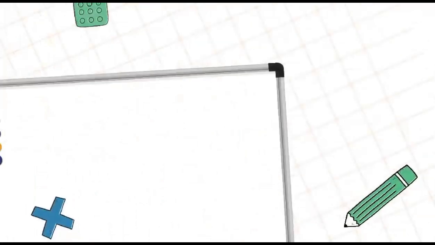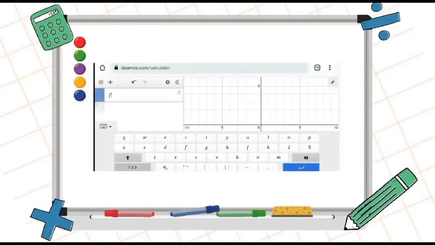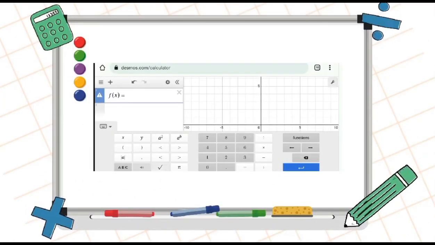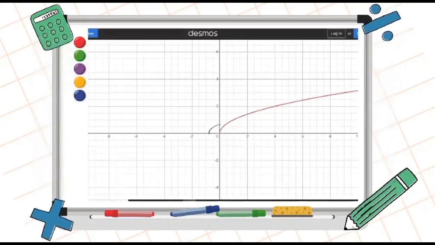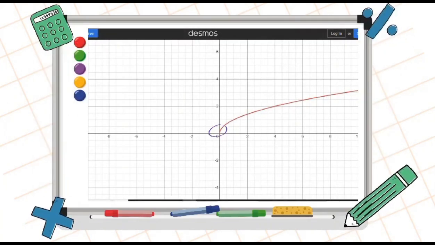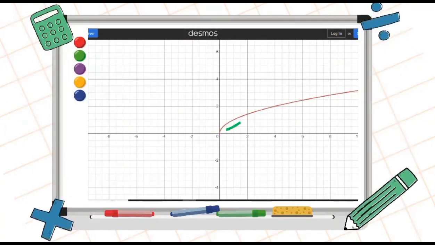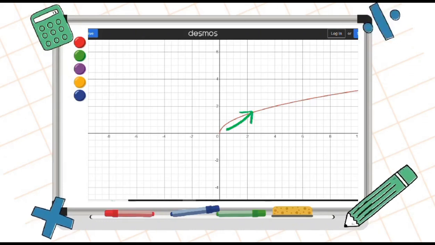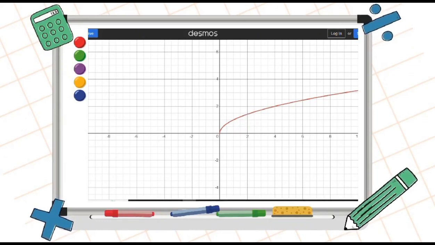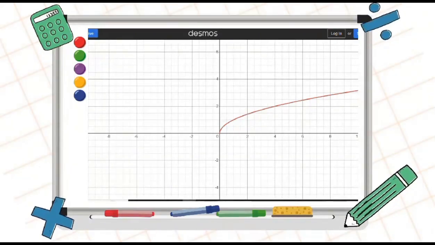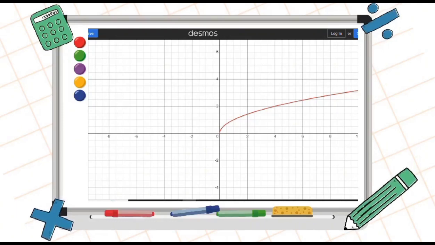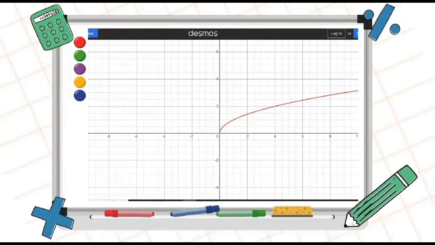That's why we can see here in the graph of the given function f of x equals the square root of x, the graph starts at the origin (0, 0) and spreads out gradually to the right, strictly increasing for all x in its domain. The graph approaches the x-axis but never touches or crosses it.